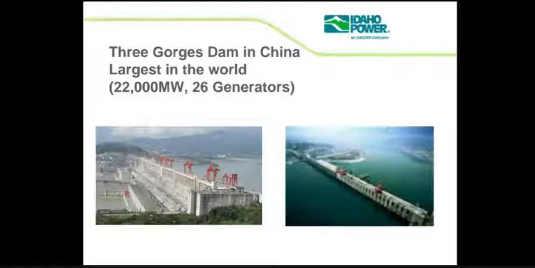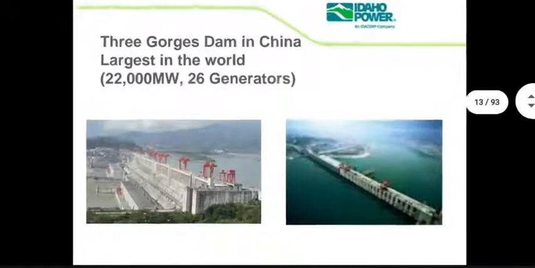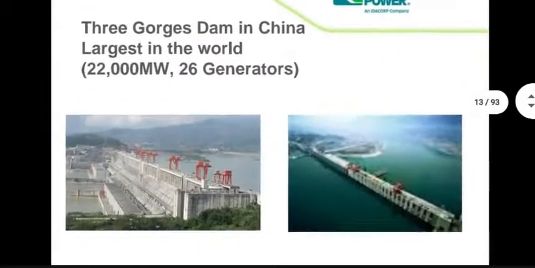I don't know how many generators they have, but I'm sure they must have done a lot of work in terms of protecting those generators. Oh yeah, 26 generators right there. Yeah. Large number. And not all of them are operating simultaneously, I'm sure. 3 or 4 would always be down for maintenance.